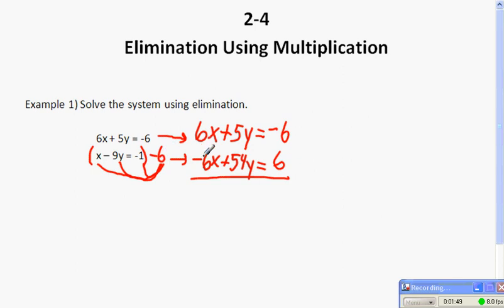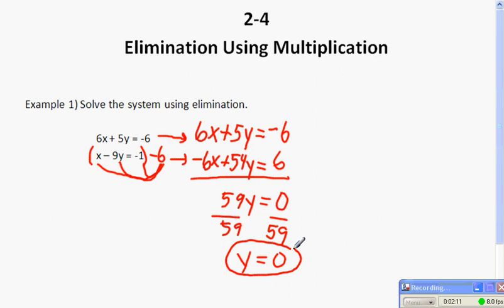After multiplying that equation by -6, you'll see that I'm able to eliminate my x term, giving me 59y equals 0. Divide both sides by 59, and we get y equals 0.